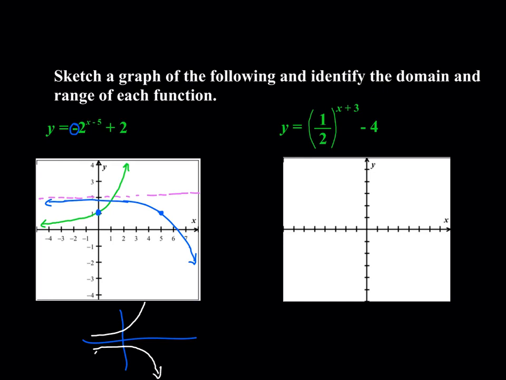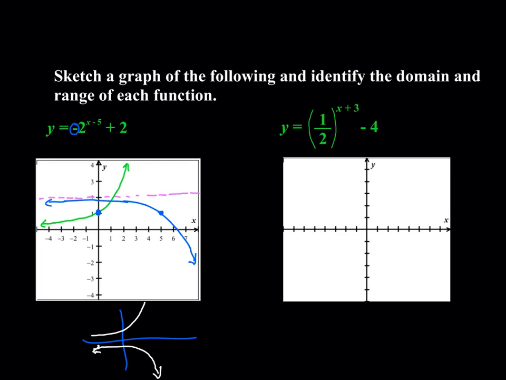And so what we do is we take this graph here and we shift this one right 5 units and up 2 units, which gave us this blue graph right here.